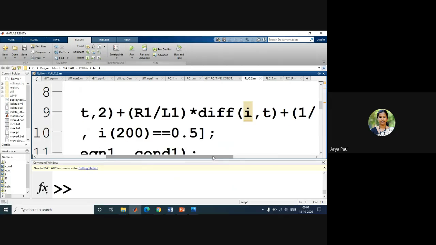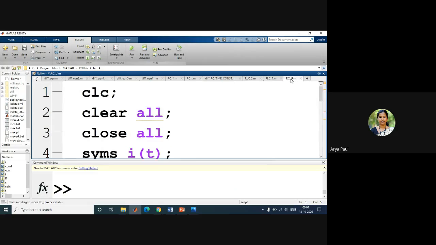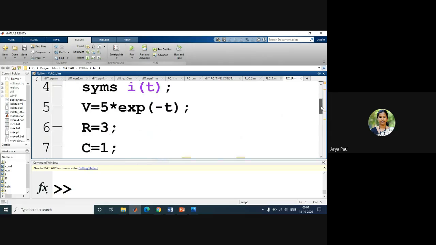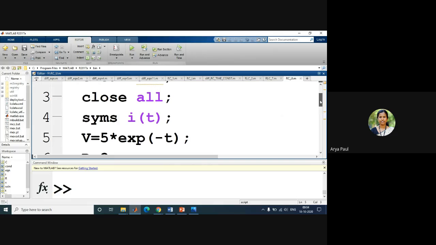You can see here, V is equal to 5 into e raised to minus t, using syms, exp of minus t.